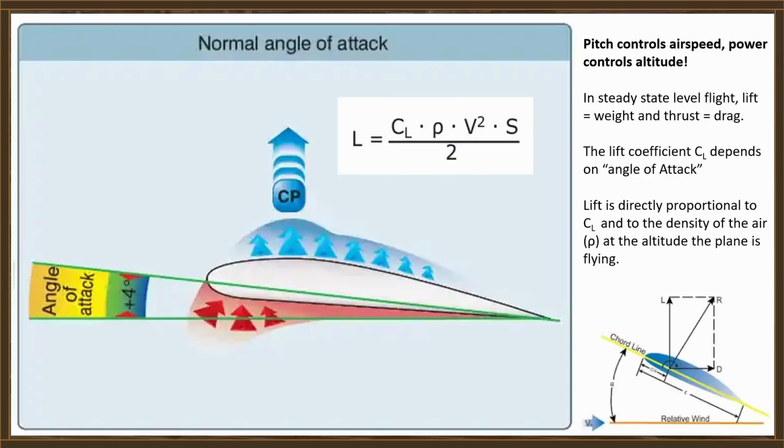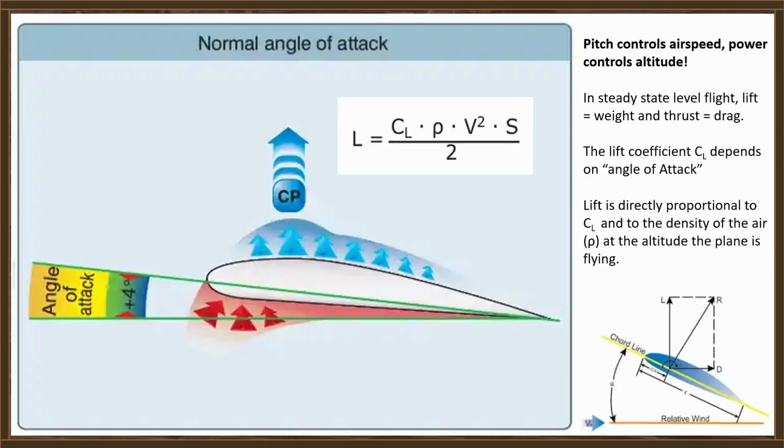I can change the altitude of the airplane by doing nothing other than changing the power setting. If I increase the power without making any change to the pitch, the aircraft will climb. If I decrease the power without making any change to the pitch, the airplane will descend.